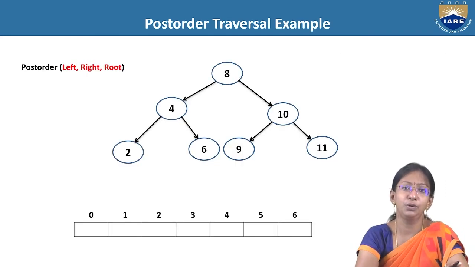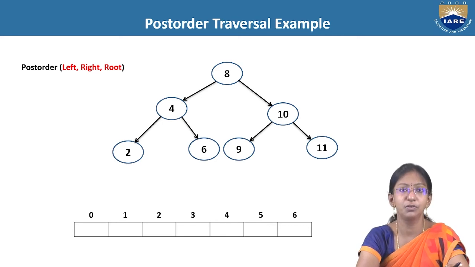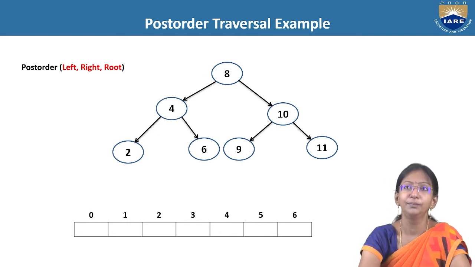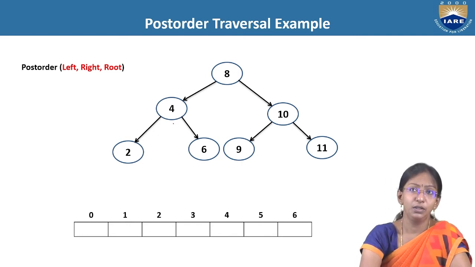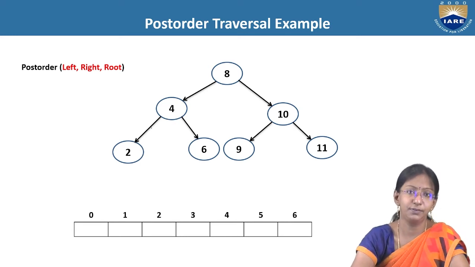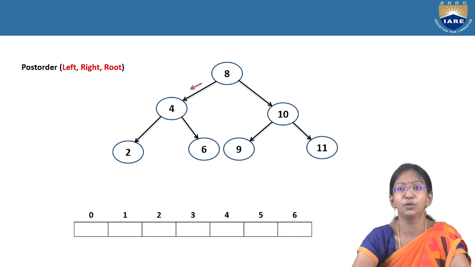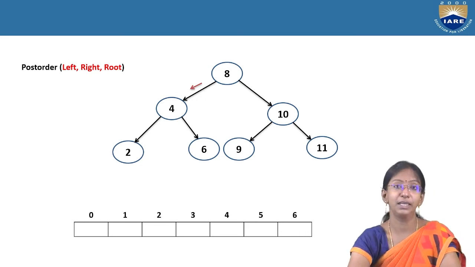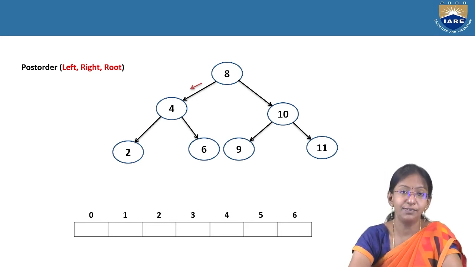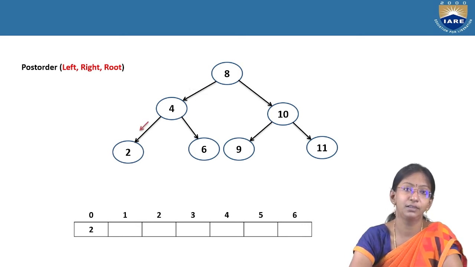Let me give you a demo of post-order traversal using the same tree which we were considering for in-order as well as pre-order traversal. What does post-order tell? First of all, travel towards the left. I encountered 8. Is 8 having any left node? Yes. Travel. So I have touched 2.